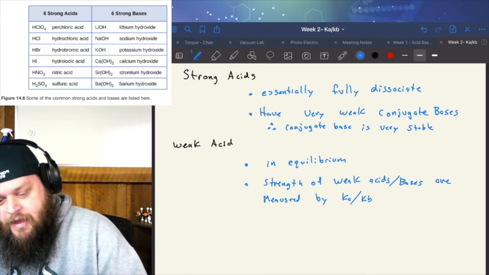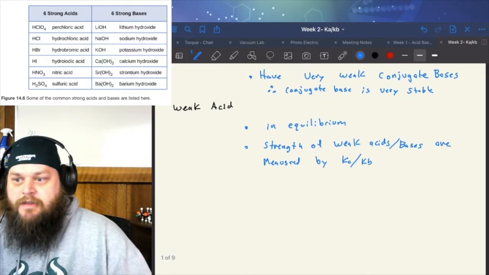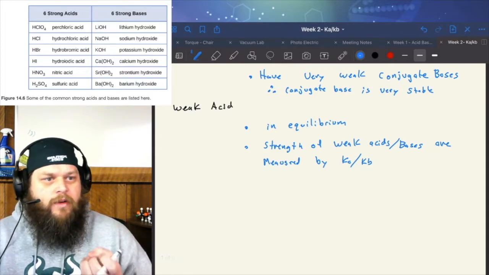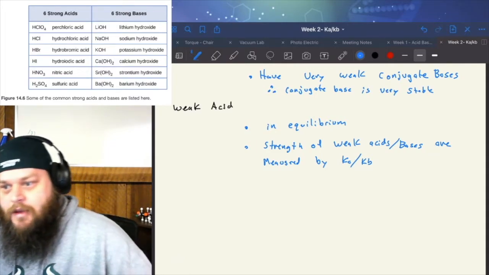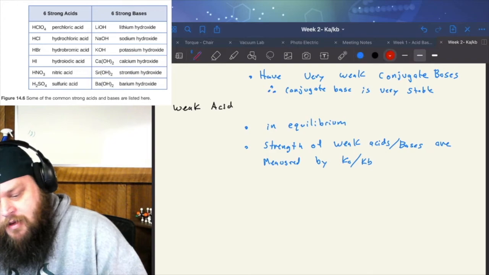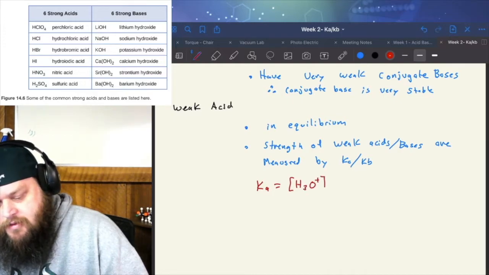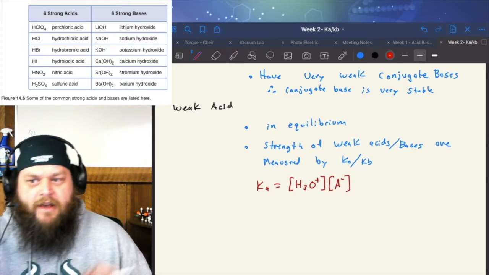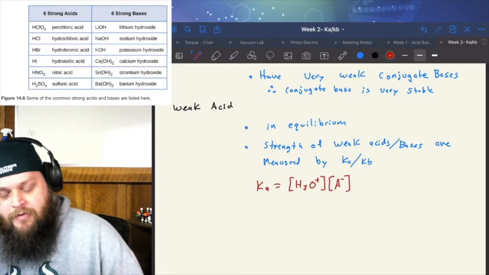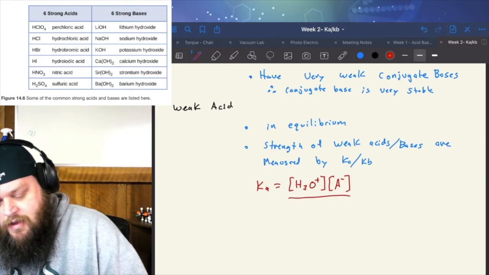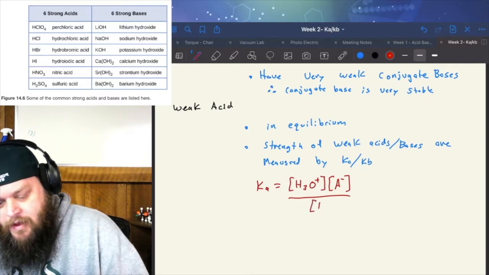And their Ka and Kb value is basically that equilibrium constant at equilibrium. I'm going to write Ka as equal to the concentration of H3O+ times A minus, A minus being that conjugate base after it's lost the H, the proton, and then divided by HA, the acid.